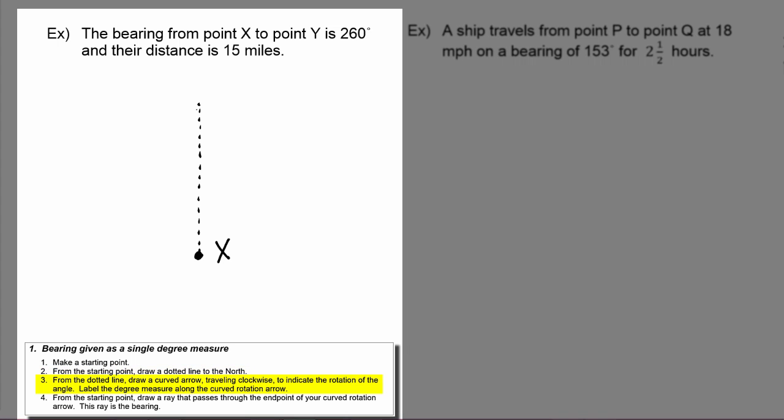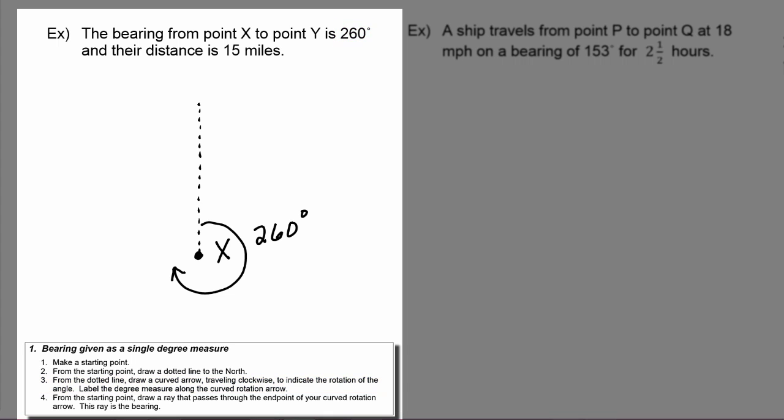Step 3, we have to make a curved arrow indicating the rotation of 260 degrees. Now we know this would be 90, this would be 180, this would be 270, so we're a little less than 270. So 260 degrees.